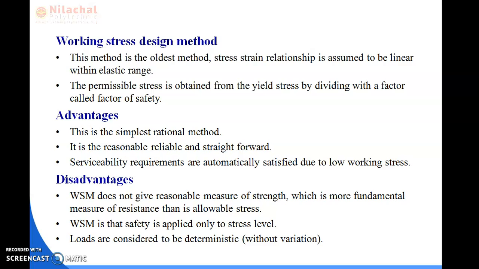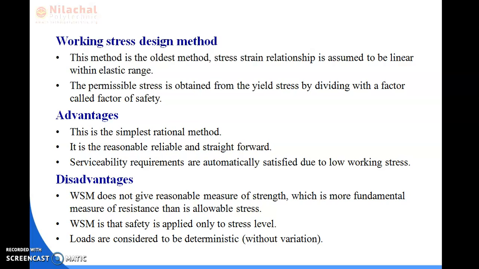Serviceability requirements are automatically satisfied due to low working stress, because we prefer the elastic zone only. Then come the disadvantages of the working stress design method, because of which we take the ultimate design method instead.